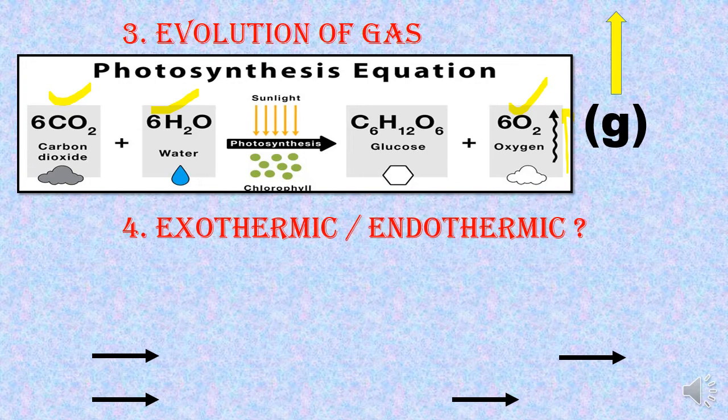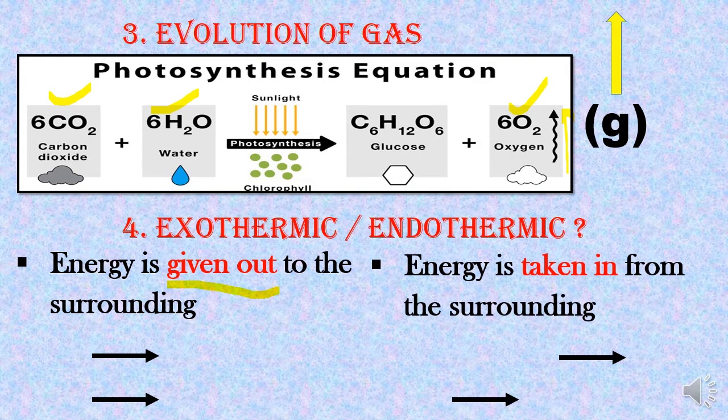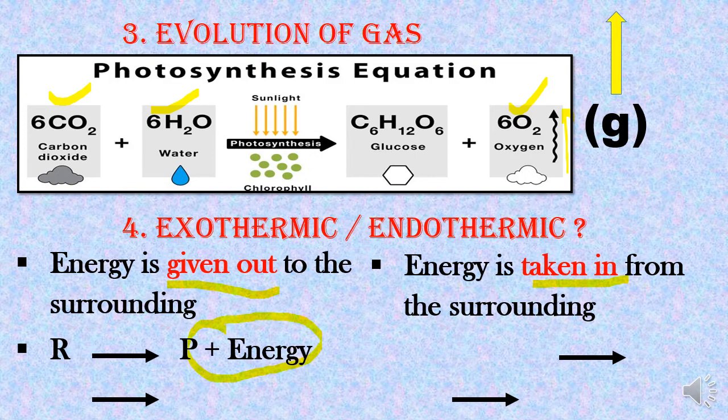Number 4. Exothermic or endothermic reactions. Let me briefly explain the difference between these two. For an exothermic reaction, energy is given out to the surroundings. For an endothermic reaction, energy is taken in from the surroundings. An exothermic reaction is represented like this, where we write reactant produces product plus energy.